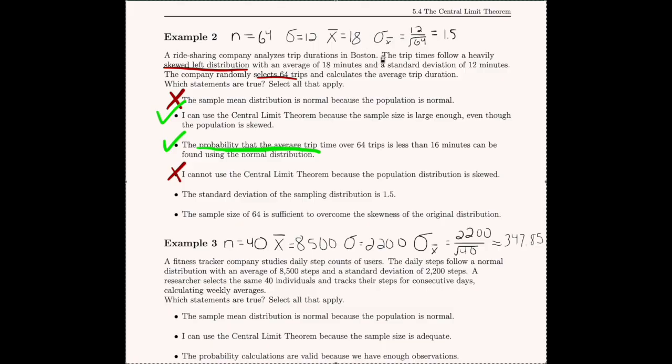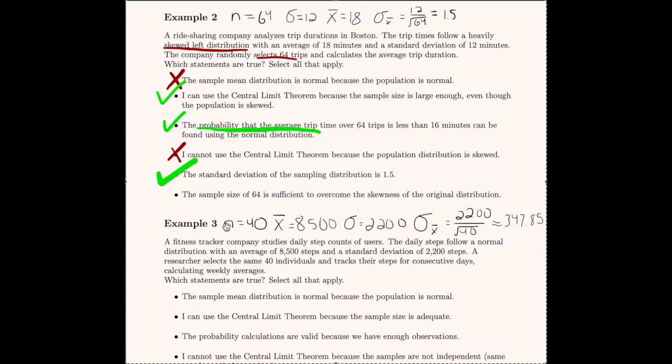So in order to find the standard deviation for the averages for the sampling distribution, we take the population standard deviation, which is 12, and we divide it by the square root of the sample size. So we're going to take 12 divided by the square root of 64, which is 12 divided by 8, and that gives us 1.5. So this is a true statement.